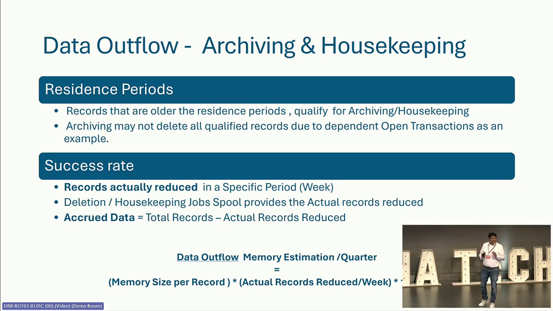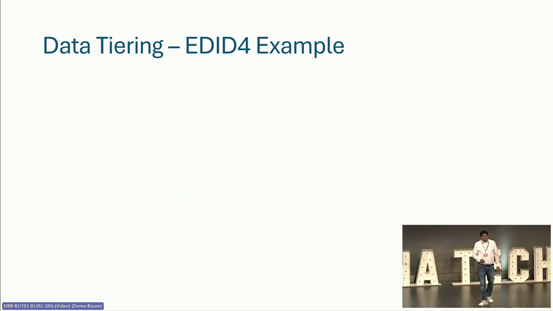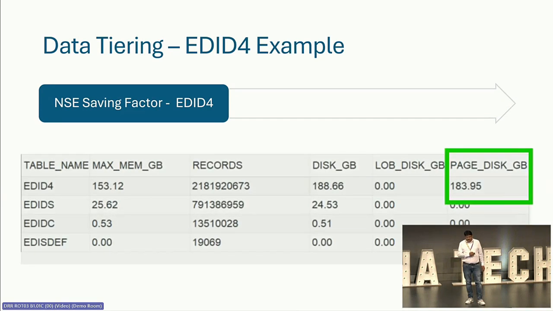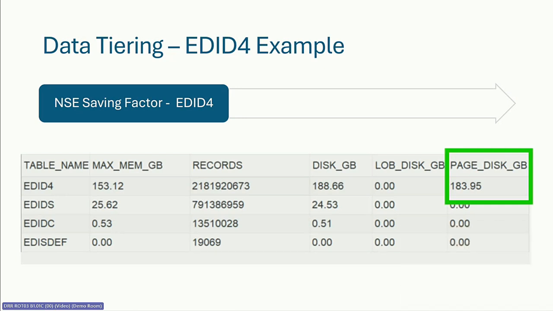Now comes the data tiering. Again, I took the same EDAD for example. What you need to look for here is the so-called NSE savings factor. When you enable NSE for any table, you need to look at how much data is paged out, meaning tiered out from the expensive memory to the less expensive disk area.